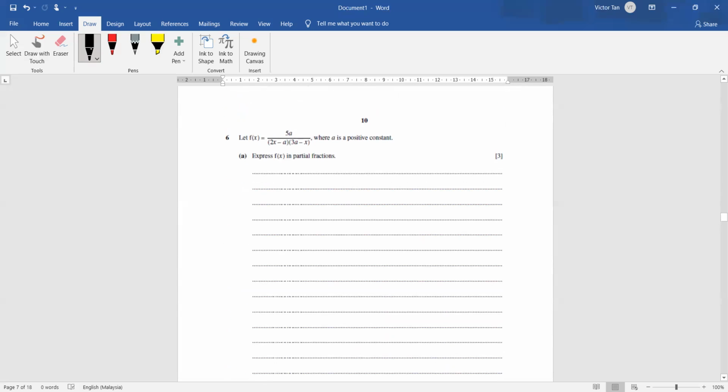Let f(x) equals 5a over 2x minus a times 3a minus x, where a is a positive constant. Express f(x) in partial fractions. So in partial fraction is A over 2x minus a plus B over 3a minus x.